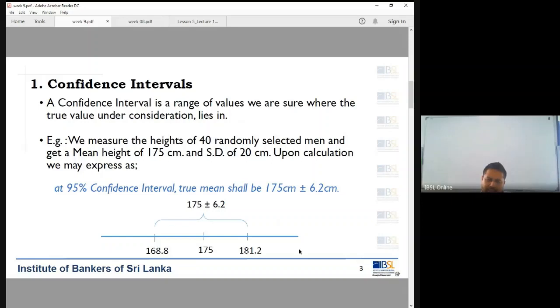So those kinds of indicators can also be calculated using the same theory. However, in practice, in application, you will see ample number of times the average or the mean being utilized in this jargon of confidence interval estimation. One good example: you go to a store and buy an electric bulb.